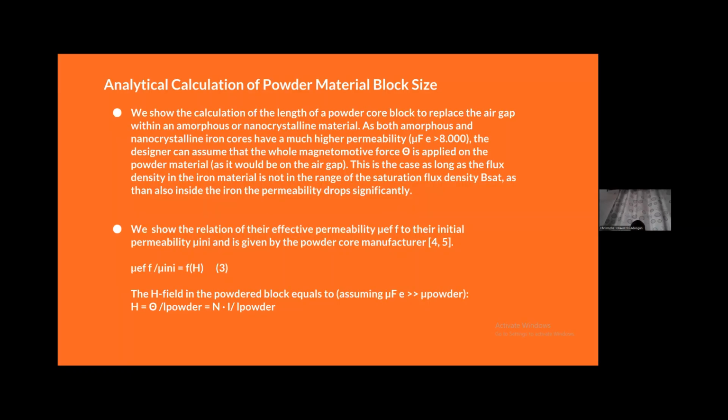So let's look at the calculation of powder material block size using the analytical method. We show the calculation of the length of a powder core block to replace the air gap within an amorphous or nanocrystalline material, as both amorphous and nanocrystalline iron cores have a much higher permeability of mu Fe greater than 8000, and the designer can assume that the magnetomotive force theta is applied on the powder material as it would be on the air gap.